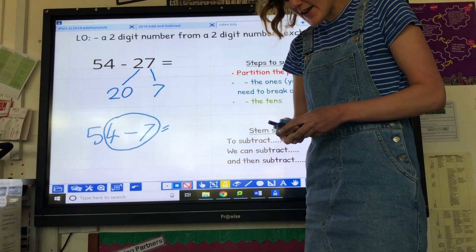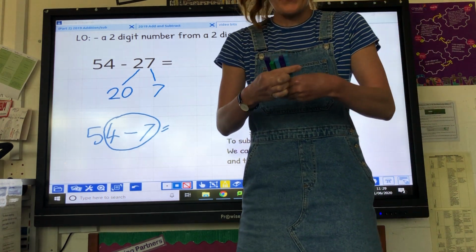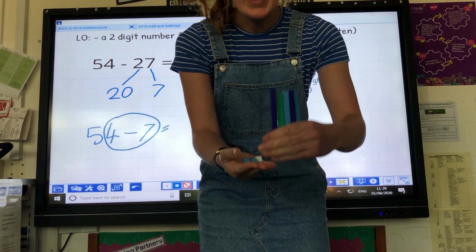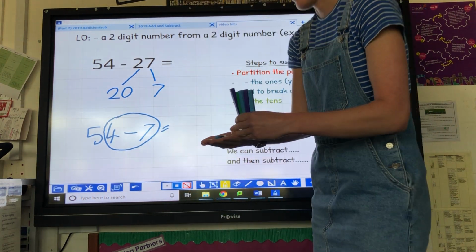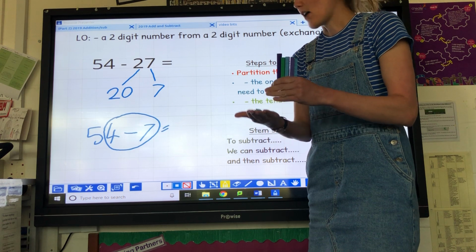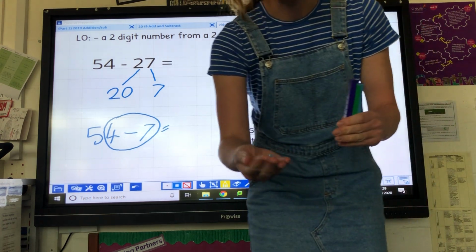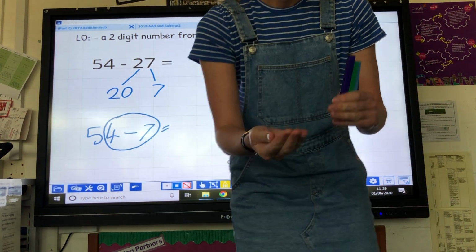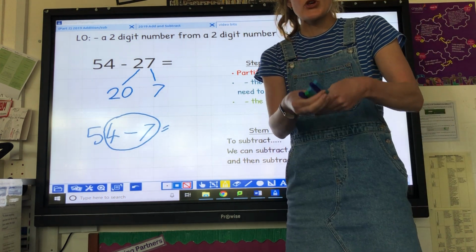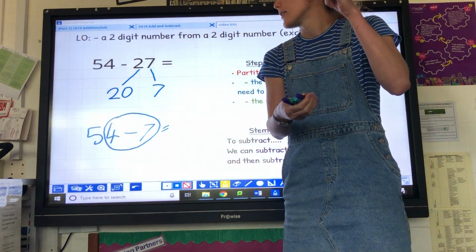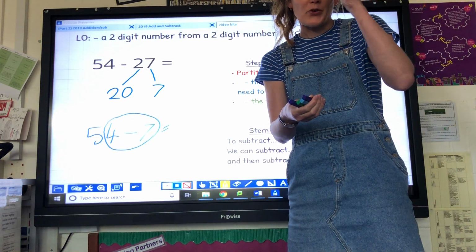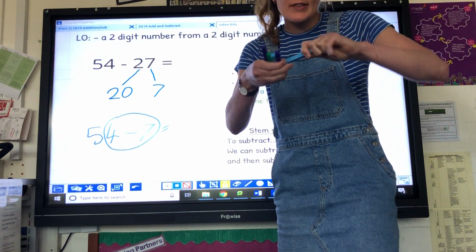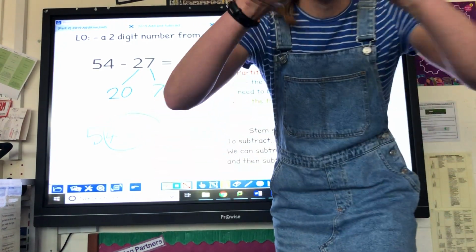Okay, so I've made 50 and then my 4 ones. So that's my whole that I start with, okay? And then I take away, I can't take the 7 from these 4 ones. So I'm going to have to use one of my tens from my 50 and exchange it for 10 ones. I'm going to have to break this ten and change it for 10 ones.